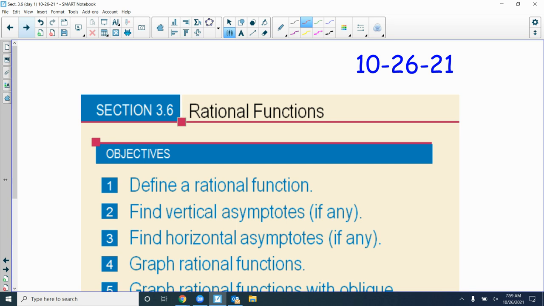From our numbers, what does rational mean with a number? What should you think about? A rational number as opposed to an integer. What's the difference between a rational number and an integer? An integer is only whole numbers.